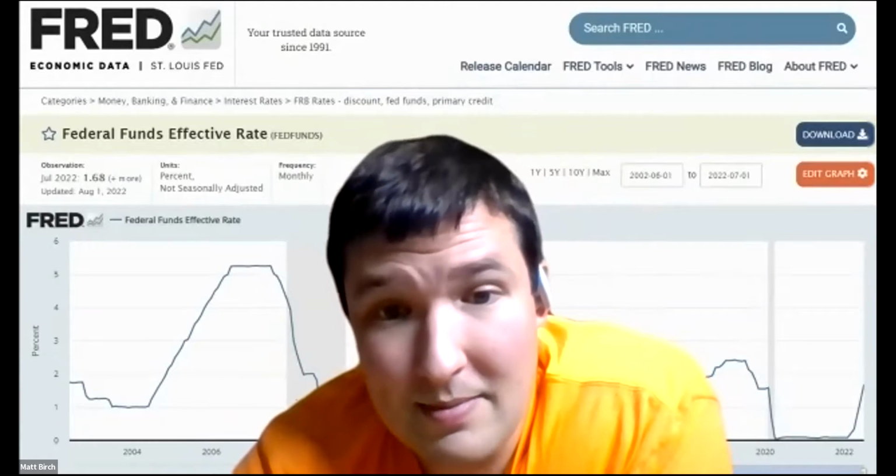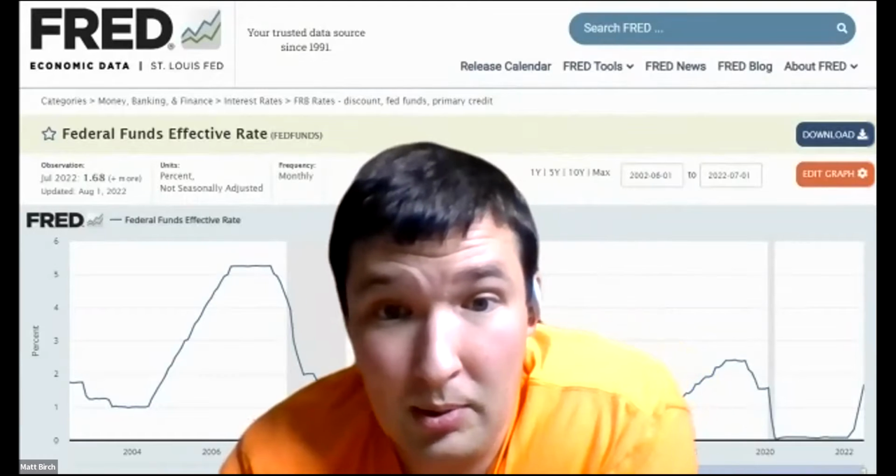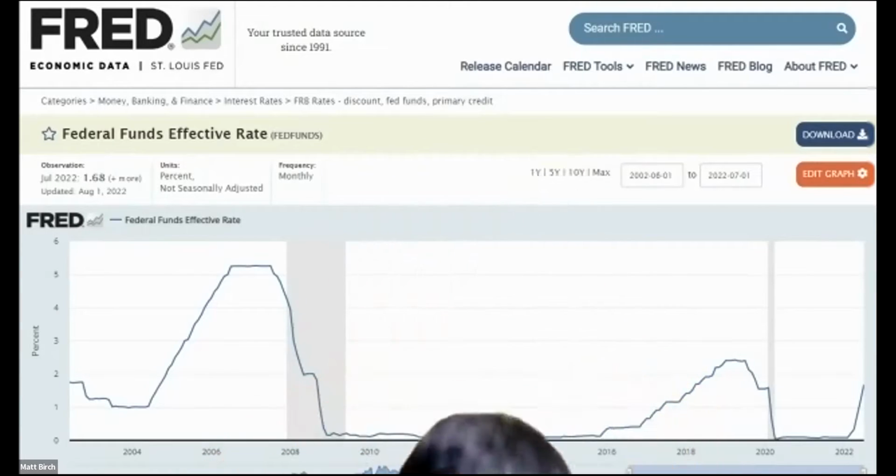Now, over the last several years, the Federal Reserve has kept interest rates pretty low. If we look at the last 20 years, leading into the housing bubble and the Great Recession, the Fed saw that the economy was getting too heated, so they started selling bonds and raising the interest rate, hoping to slow the economy down.